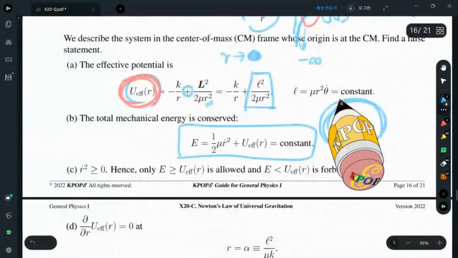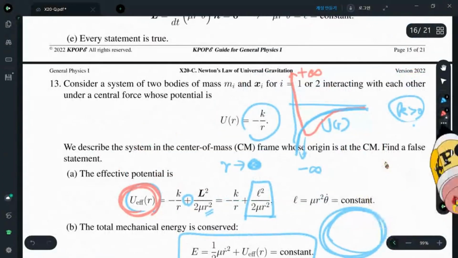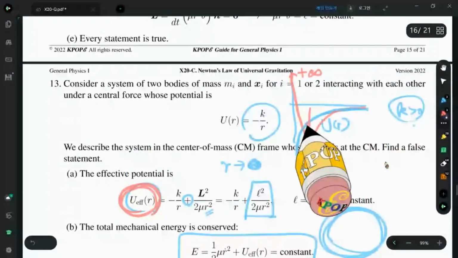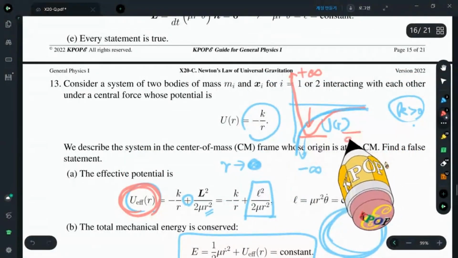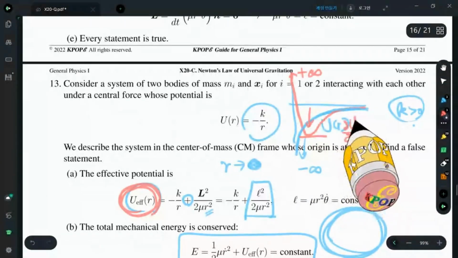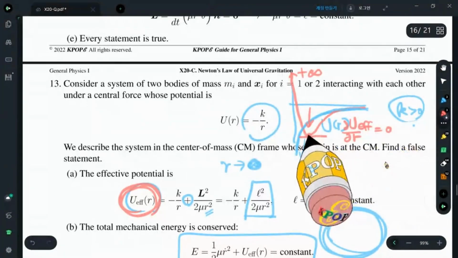In that case, we are interested in the value of radius at which it does not feel any force. That means the derivative of the effective potential becomes 0.